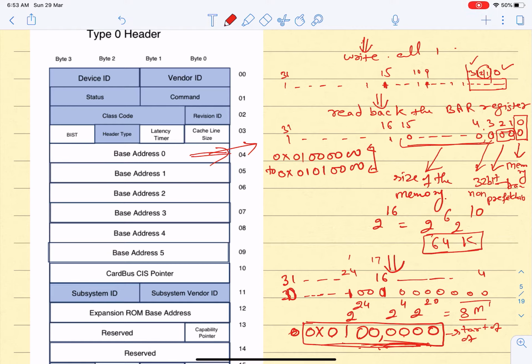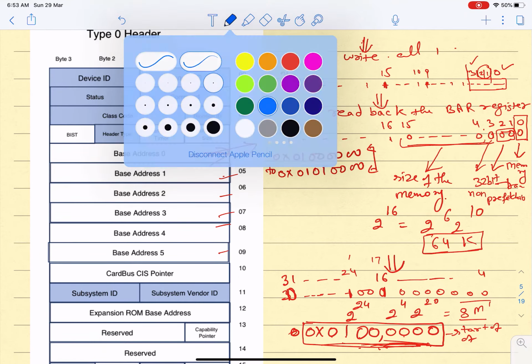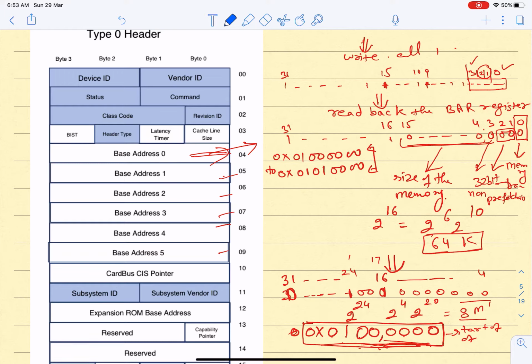Similarly, the host reads all the BAR registers and configures the base address of all the memories. So here, let us suppose that we have bit number 2 down to 1 as 1 1.